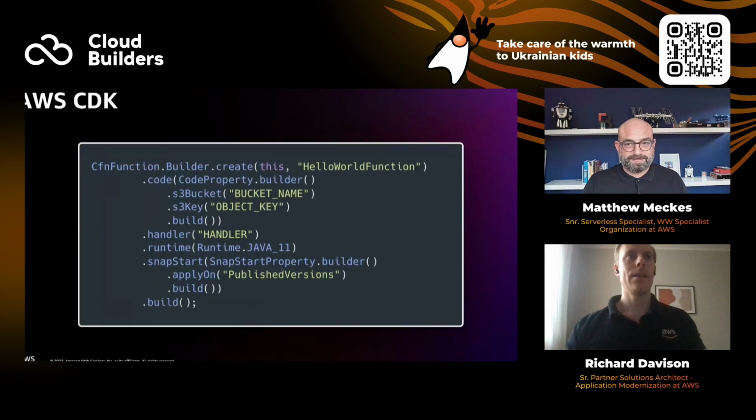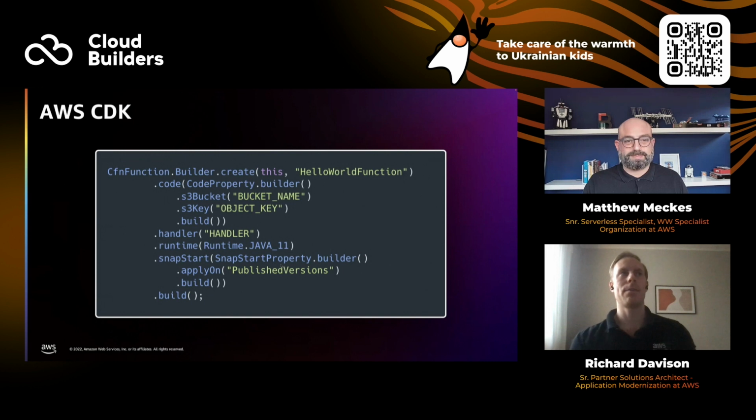Okay, cool. So we can also, of course, apply it in CDK. In this example, I have CDK code. I have created a simple function and simply added the SnapStart property here. Similarly, I use the concept of apply on published version that automatically enables SnapStart on the latest version that gets deployed when I create a new version or deploy this stack.